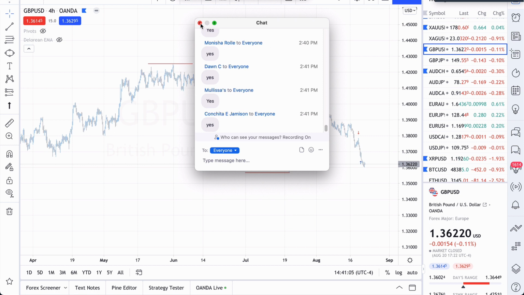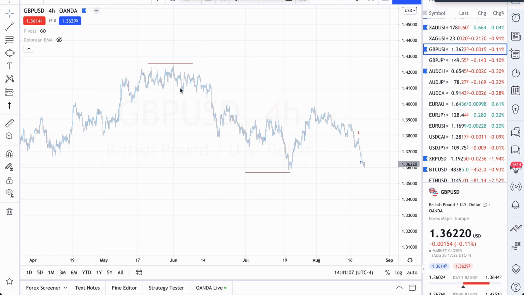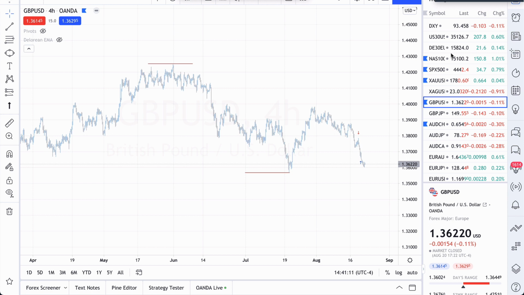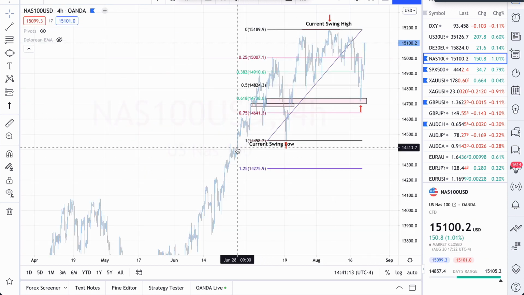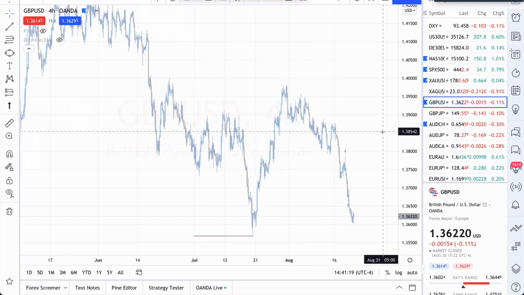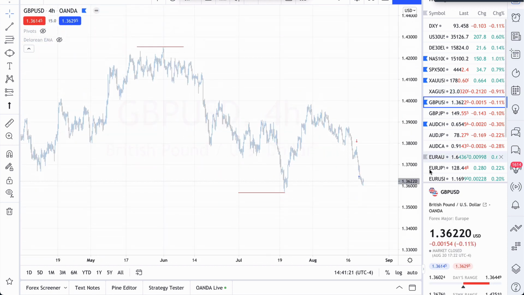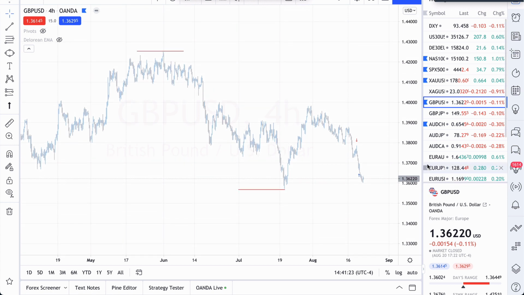What I'm going to do now is draw my fibs from top to bottom. If you remember, on the indices I went from bottom to top. Now I'm about to go from top to bottom. Whichever way you do it, always go left to right. So I'm going from this line.